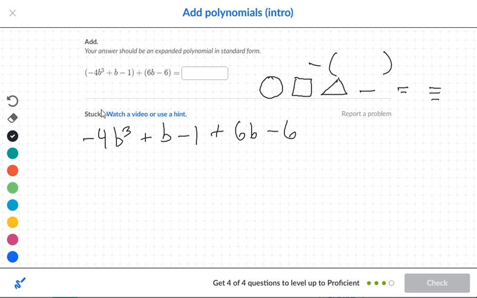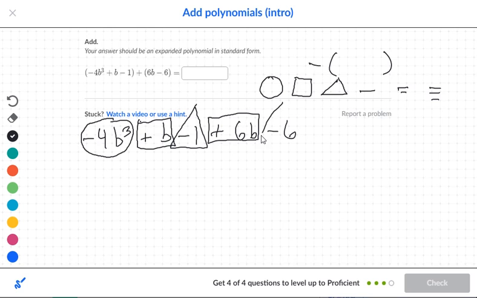Okay, so we look at their exponents, and they're actually called degrees. So the highest degree here is 3. Now the next highest degree is the single letter b's. So we want to put in the box the plus b, then we want to put in the box the 6b, and then we finish up with the constants.